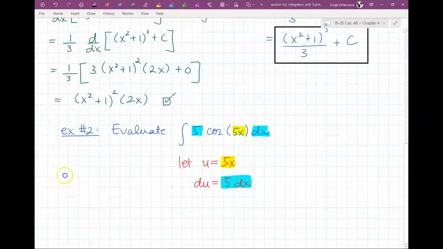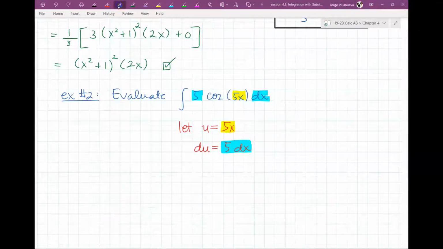Okay, so let's go ahead and substitute this stuff in. The 5 dx becomes a what? A du. So I'm going to put du right there. And the cosine of 5x becomes a cosine of u.